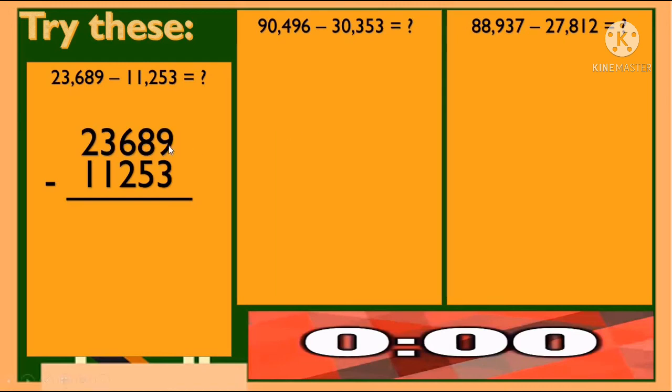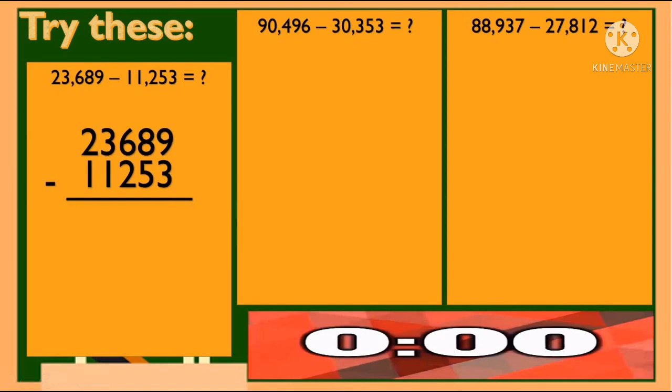We have here 9, 3. 9 is greater. 8, 5. 8 is greater. 6, 2. 6 is greater. 3, 1. 3 is greater. 2, 1. 2 is greater. Therefore, that means we can use the subtracting of numbers without regrouping.